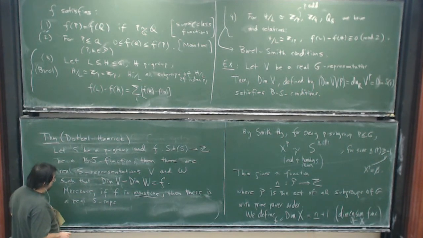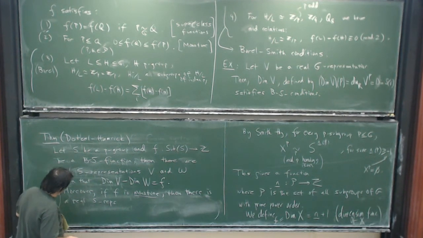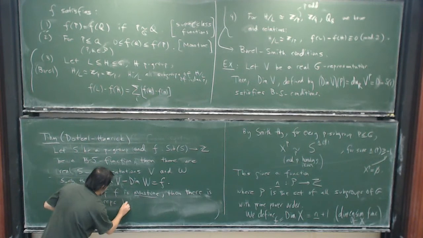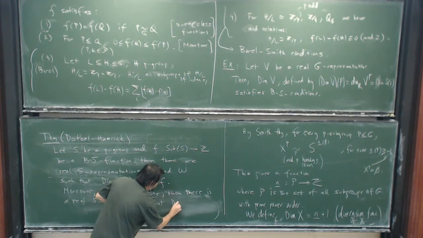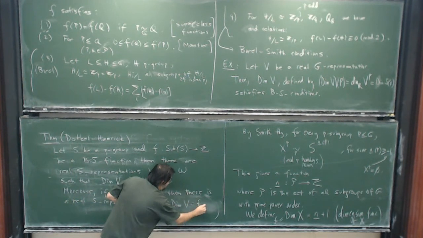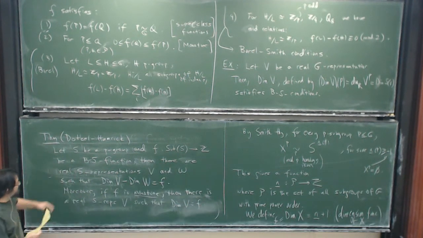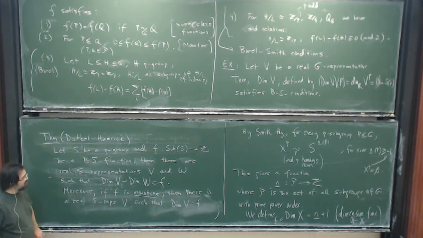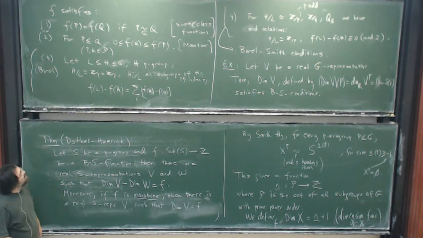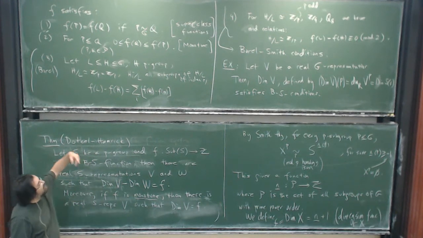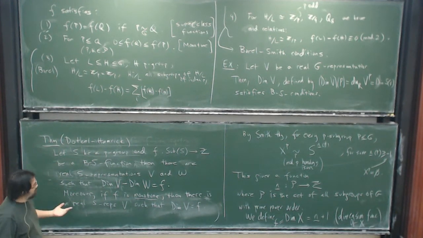Okay. So real representation V is such that the dimension function is f. And the difference between this is huge. Like here you only realize it virtually. Here you actually realize it as a representation. You can see that difference is a problem if you want to actually get a homotopy G-sphere.